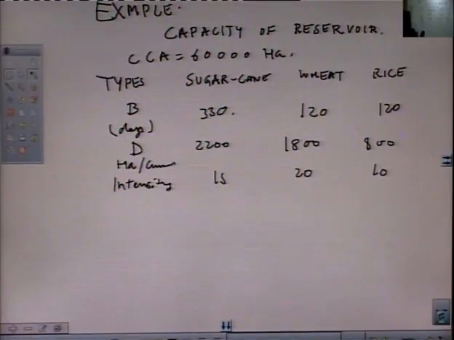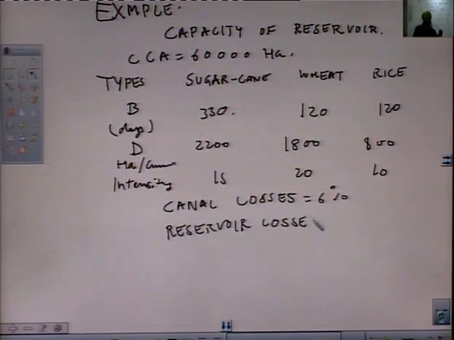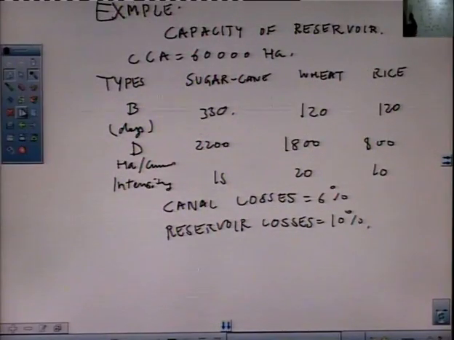Assume canal losses as 6%, and reservoir losses as well. This is a very practical example which can tell you how much water is needed in the reservoir. So we can solve this like this.